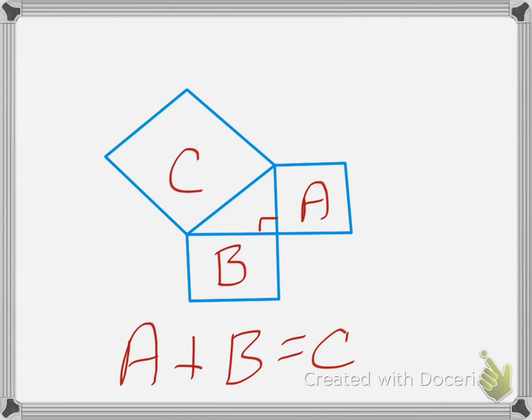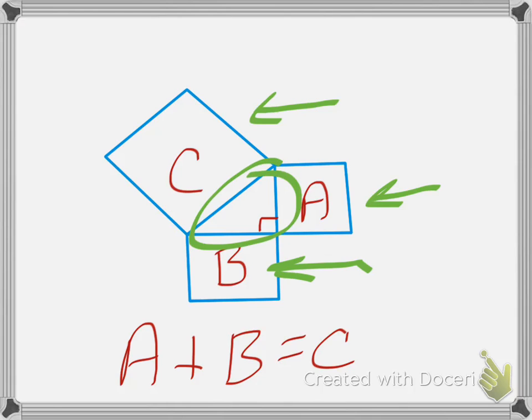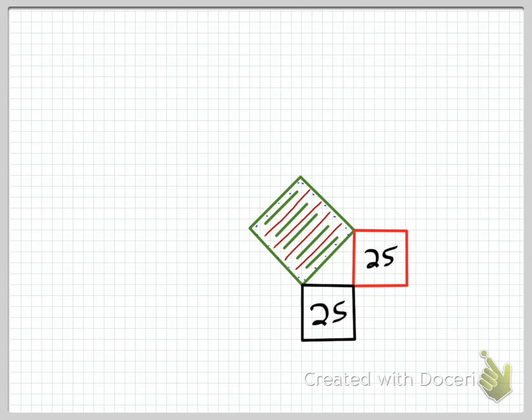Basically what he saw was if he took the area of this box and added it to the area of this box, then he would get the area of this box, which is crazy. But the reason why it works the way it does is because it has to form a right triangle in the middle.